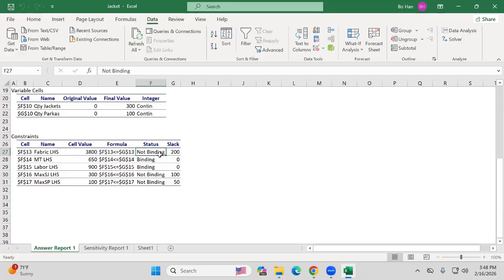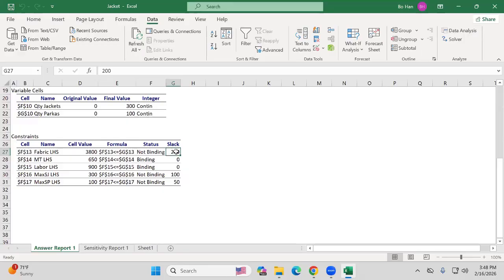This is the second important information we can see from this area, 200. This is what the slack value tells you. How many resources you still have for that constraint. Any question about this?